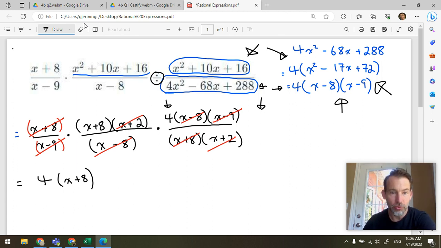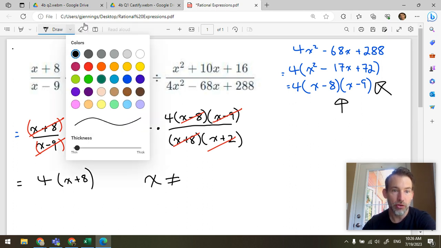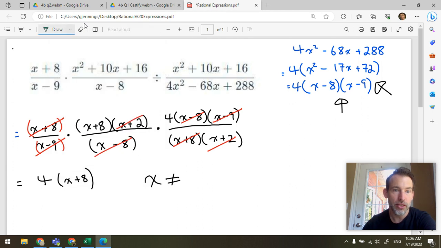I'll list the restrictions this way: x is not equal to the following set of numbers. Let's remember, where do we get our restrictions from? Because this is a division problem, we need to look at anything that was the denominator at any time. I'll do them in forest green so you can see them clearly.